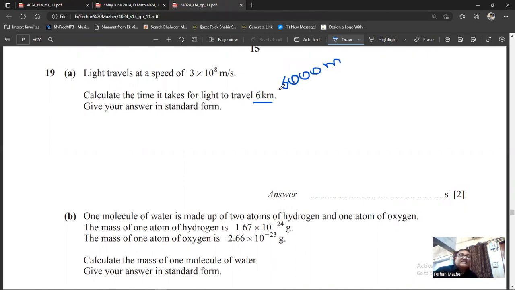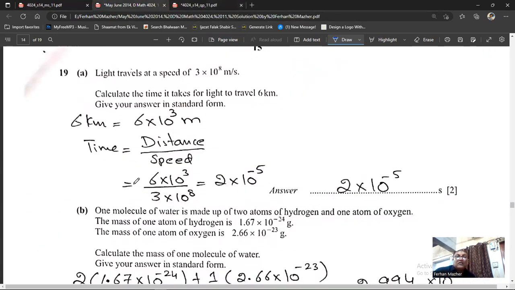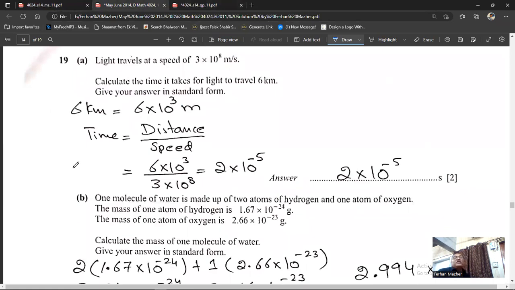So divide the distance by the speed, you get the time. So here we go. The 6 kilometer means 6 expo 3 meter. The time will be distance divided by speed, and that will be 6 expo 3 divided by 3 expo 8. So it will be 2 expo minus 5.